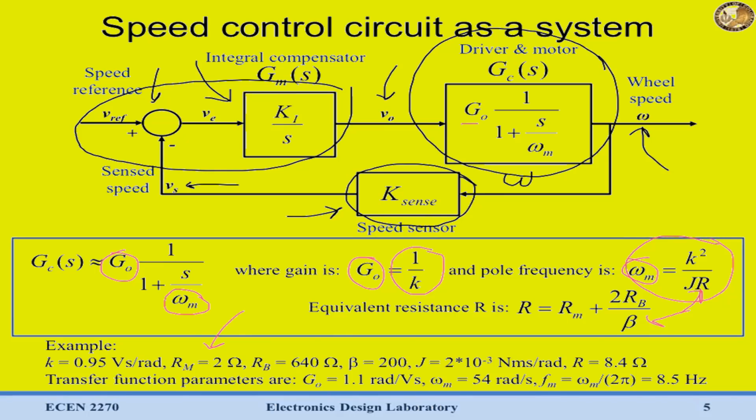Now what we'd like to do again is take a look at the overall transfer function of this system. We want to look at the relationship between our reference voltage Vref and our output omega. In the previous module we looked at how you could do algebra with this block diagram in order to generate an equation relating these two, a single closed loop transfer function for a full motor driver system.